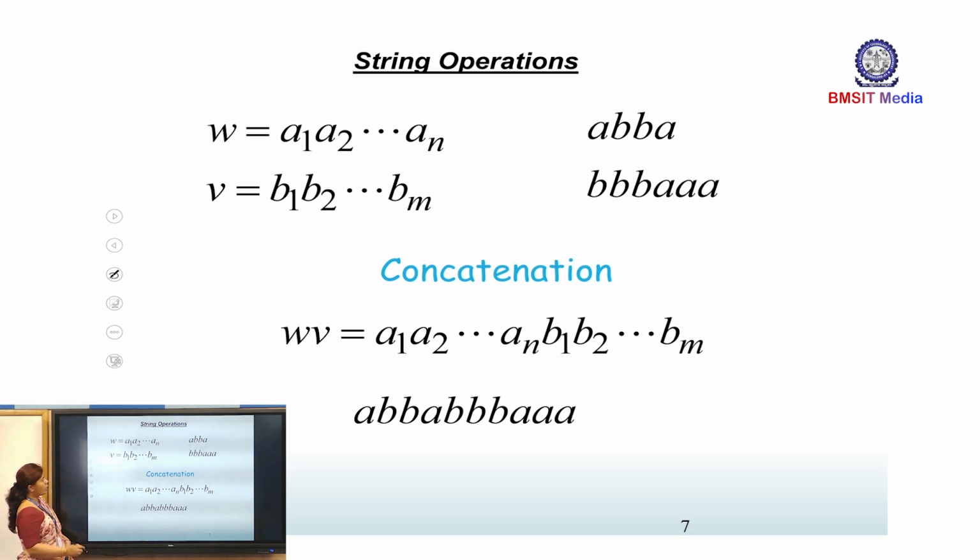Now if you want to concatenate these two strings, WV, you append the first string W and then the second string, B1 up to Bn. In this way many operations can be performed on strings.